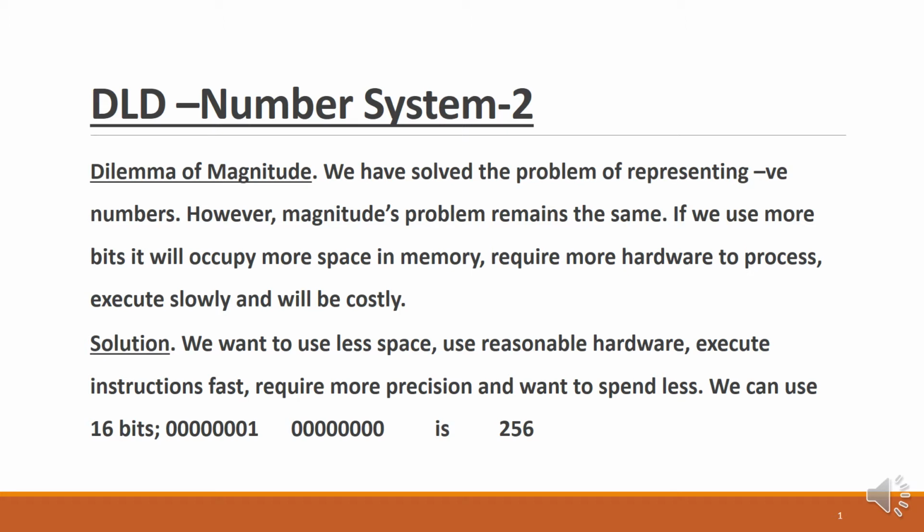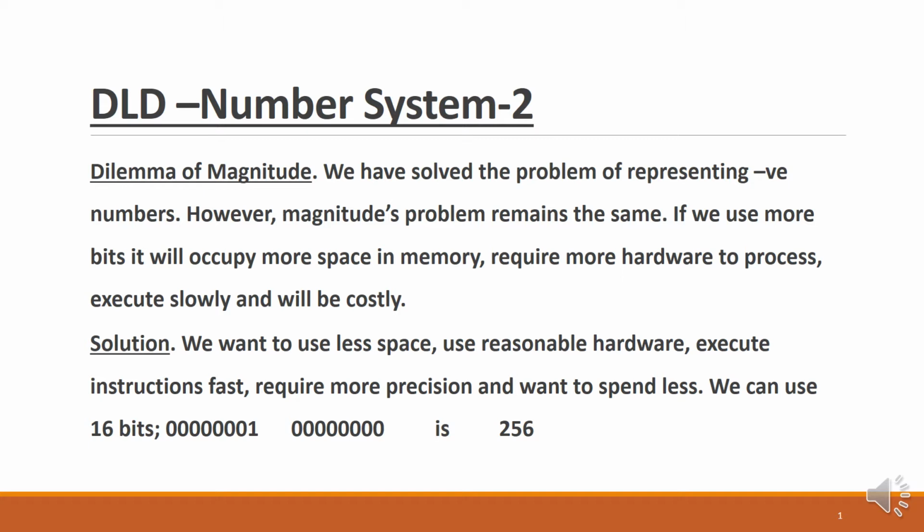So, last time in the previous video, we were basically studying the ones complement and twos complement, and the dilemma of magnitude was there. We did solve the problem of representing negative numbers, but the magnitude problem remains the same.